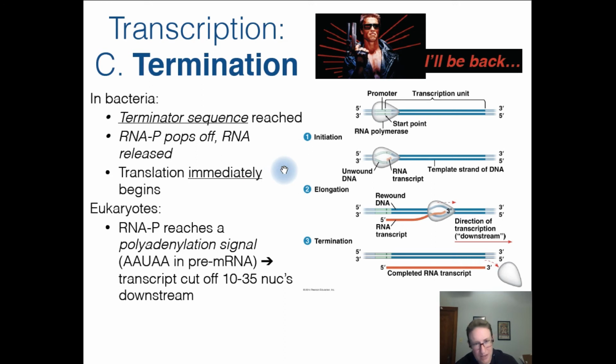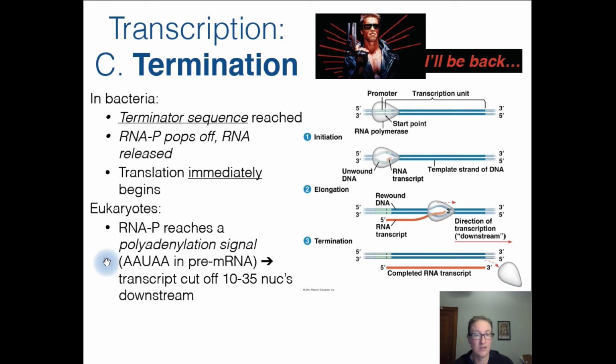So in eukaryotic organisms, so prokaryotes, just to recap, termination is a result of reaching a terminator sequence. And in eukaryotes, the process of termination is pretty similar, but with a slight distinction. In eukaryotes, the RNA polymerase reaches a series of nucleotides called a polyadenylation signal.